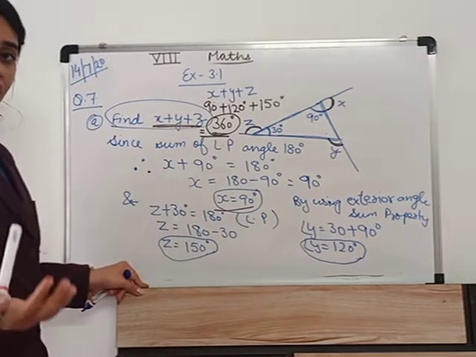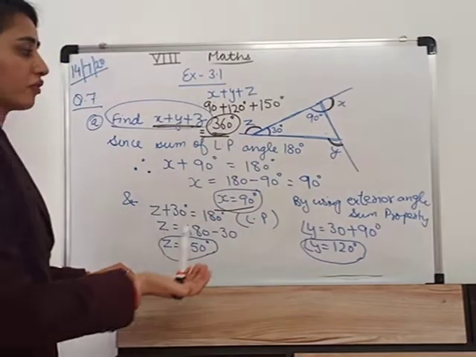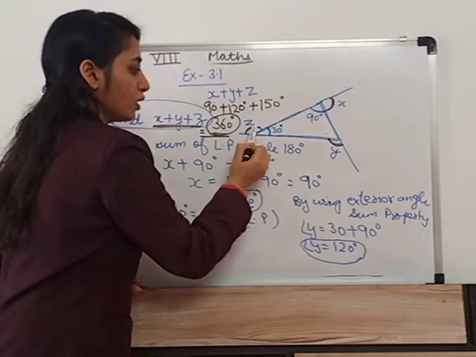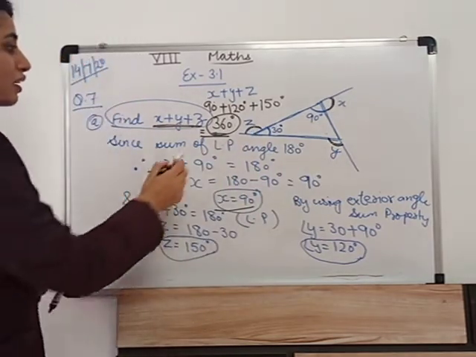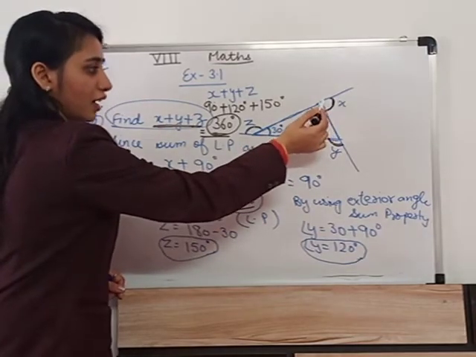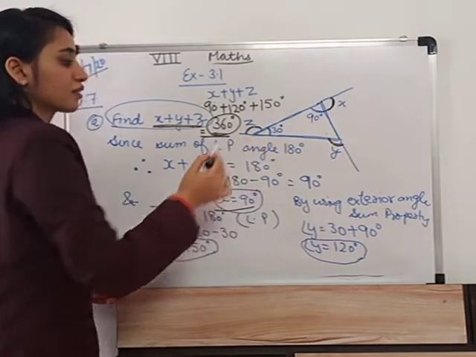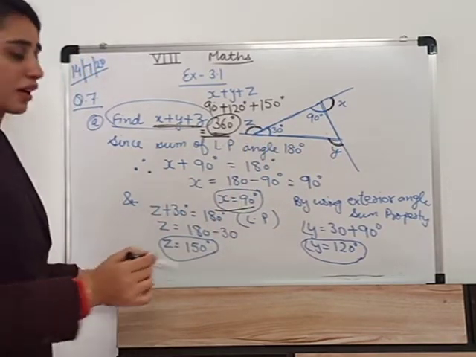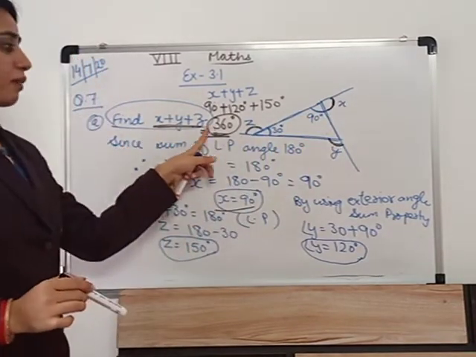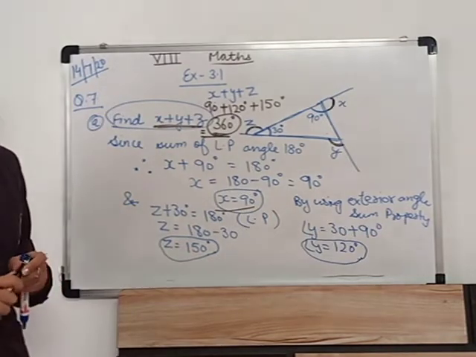We can prove it for quadrilateral and pentagon also. Here x lies outside this triangle, y is also outside, z is also outside. So the sum of all the exterior angles x plus y plus z is equal to 360. This is our answer. Understood?